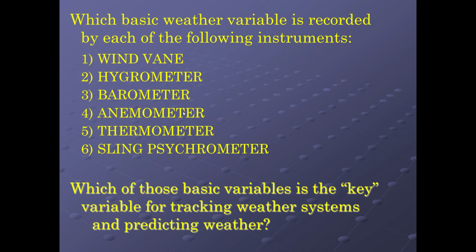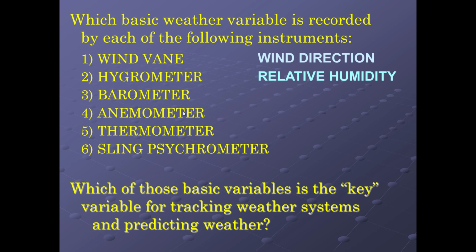Alright, so which basic weather variable is recorded by each of the following instruments? So, wind vane. What did a wind vane tell you? Wind direction, right? Hygrometer. A hygrometer measures how much humidity is in the air.